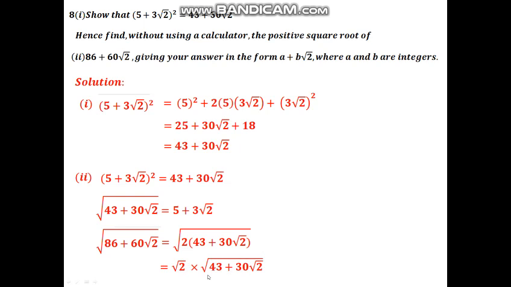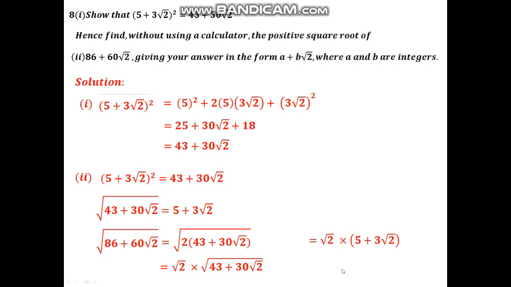Okay, and you look carefully, this part, the square root of 43 plus 30 square root 2, is actually here, right? And it equals 5 plus 3 square root 2. So what I will do is I just replace this with 5 plus 3 square root 2. So you get equals square root 2 times (5 plus 3 square root 2).